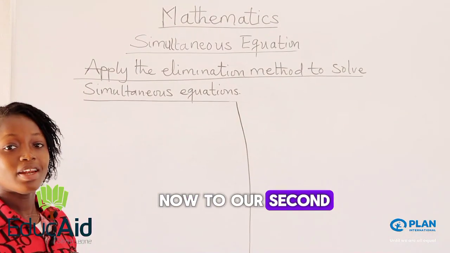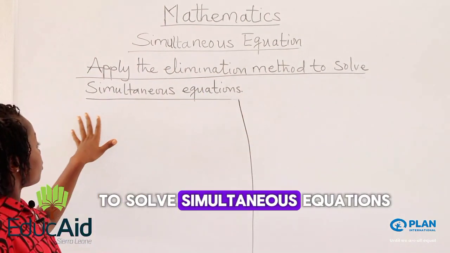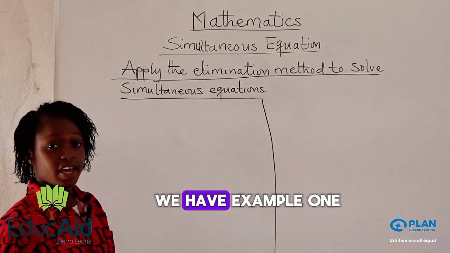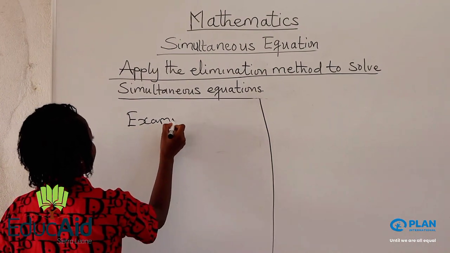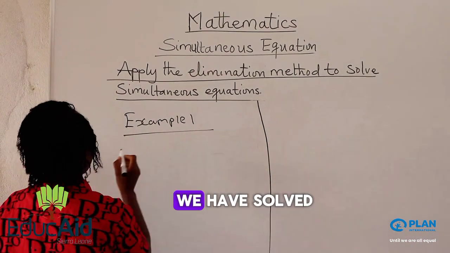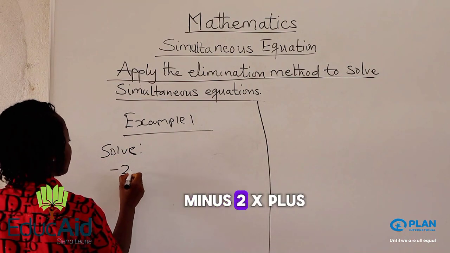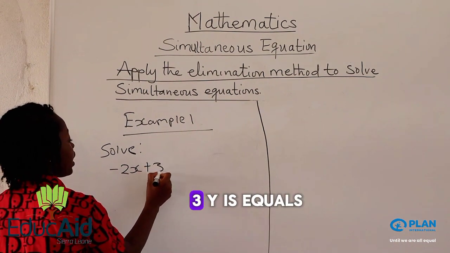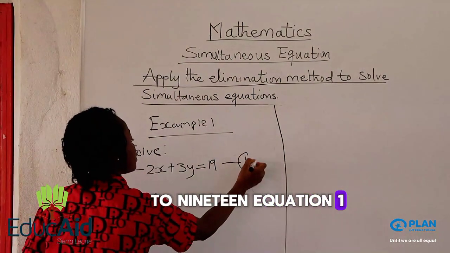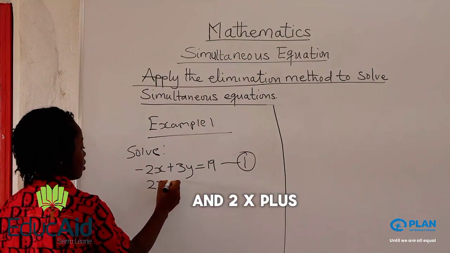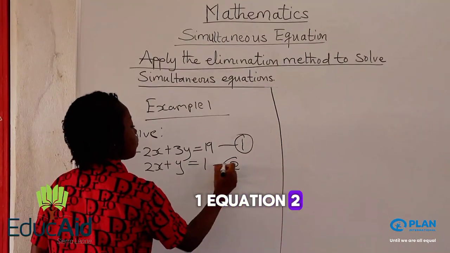Now to our second learning objective. Apply the elimination method to solve simultaneous equations. We have example 1. Solve minus 2x plus 3y is equals to 19, equation 1, and 2x plus y is equals to 1, equation 2.